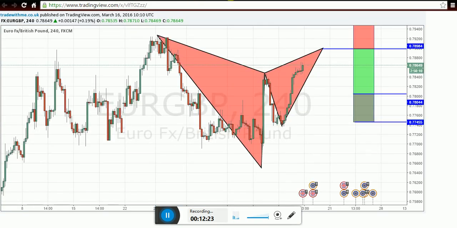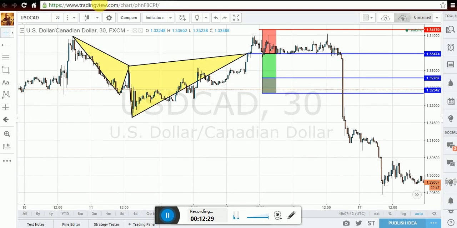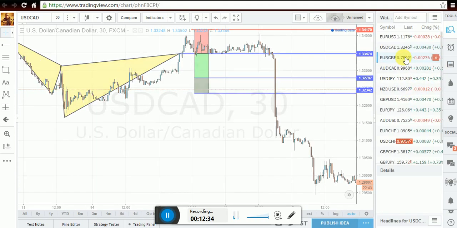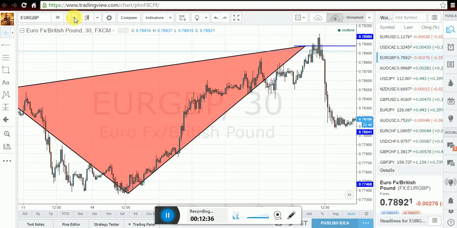The next one was the euro against the pound. It was a bearish Gartley on a 4-hour chart. Let me bring up the euro pound chart and switch it over to the 4-hour chart.